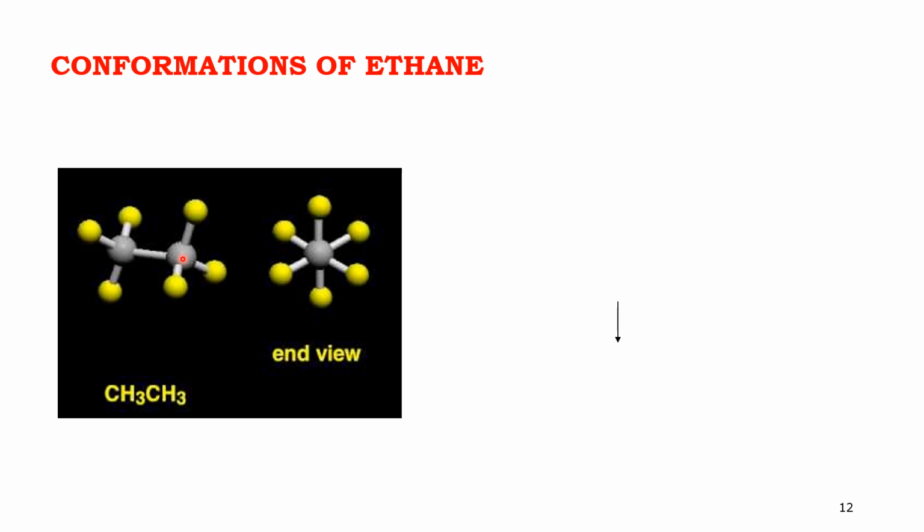If we observe the ethane molecule from the front view or end view, the molecule could be represented like this one, because the first carbon masks or covers the second carbon atom, so that we could see only the first carbon atom, while all the 6 hydrogen atoms could be seen.